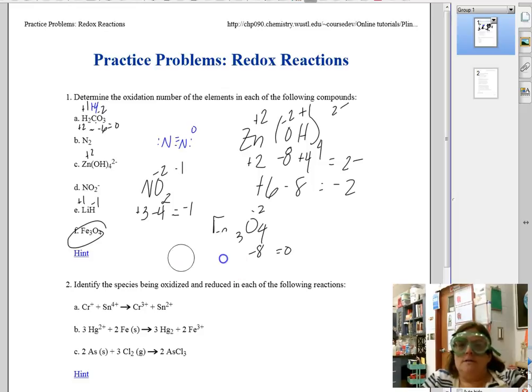What really is happening here is, remember that iron has both a plus 2 and a plus 3 charge. So one of these irons is a plus 2, and the other 2 are plus 3s. I'm not going to give you anything like that.